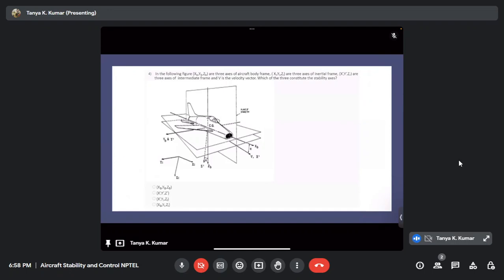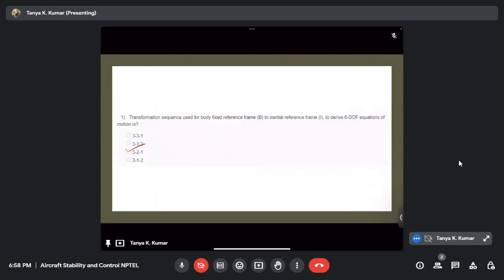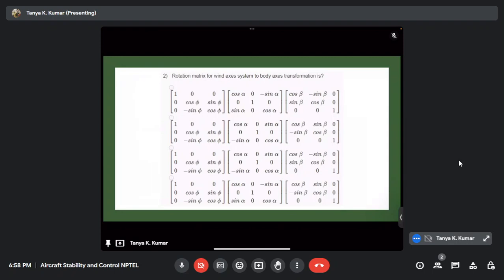Wind axis is also known as the stability axis. So we use the wind axis or the stability axis to simplify our equations of motion, because if we take our forces along the direction of motion, along the direction of the wind, then a lot of these sine cos terms will not appear in the equations.